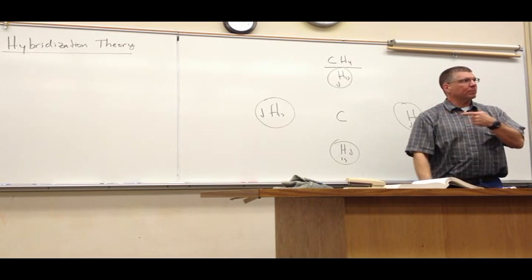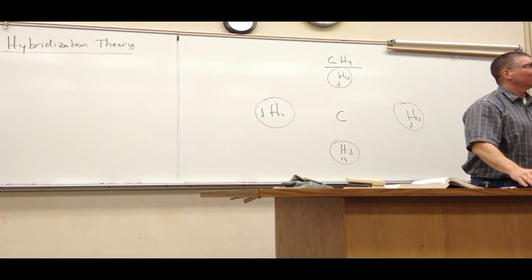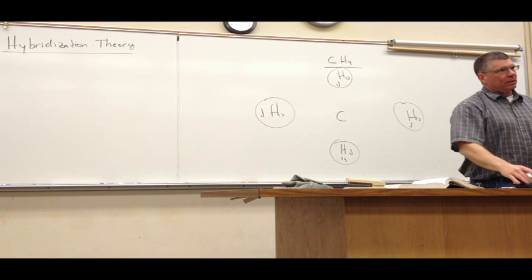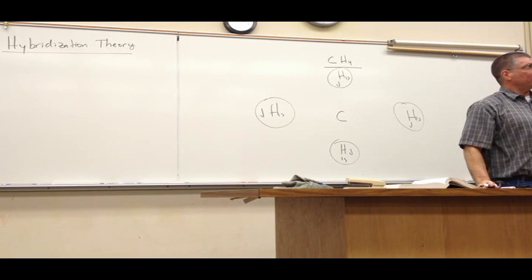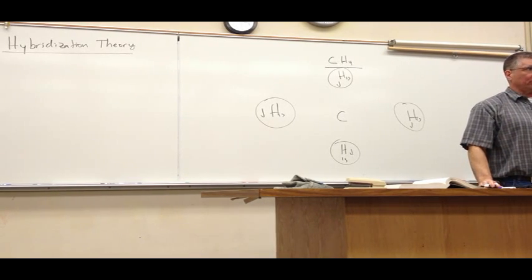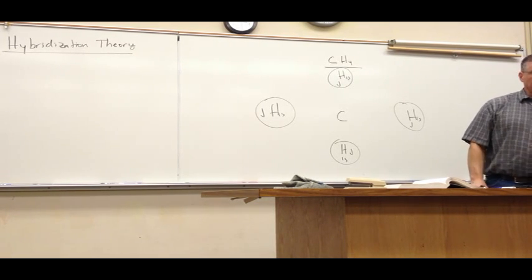The carbon has how many valence electrons? 4, right? So its electron configuration is helium 2s2, 2p2. You guys agree with that? So those are the 4 electrons.